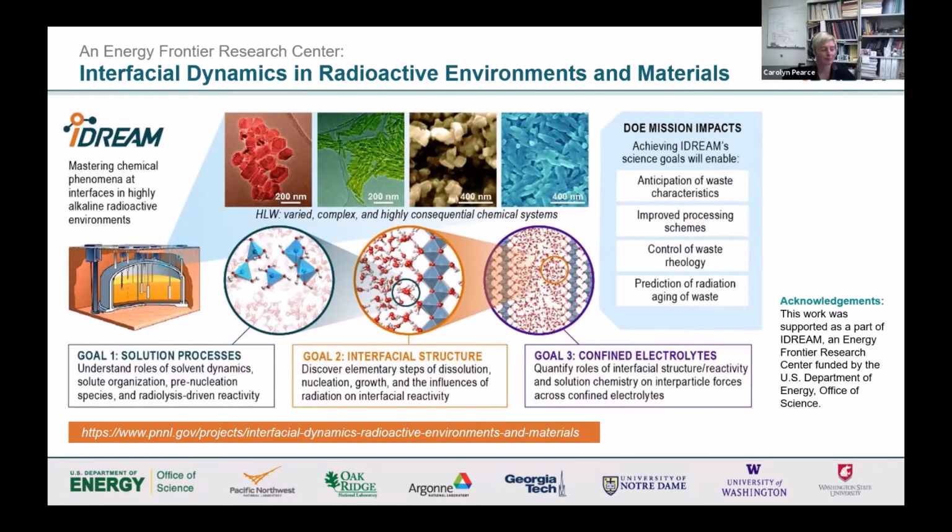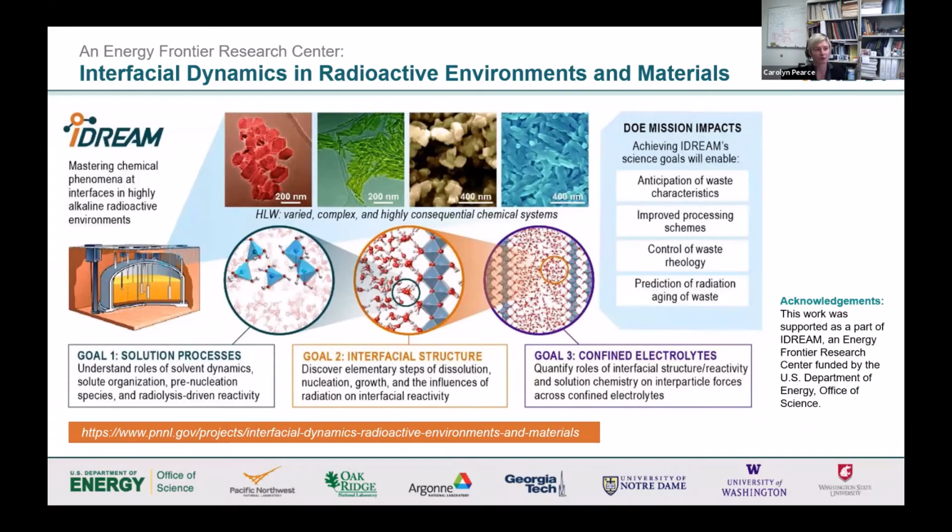So having set up the background for the waste and the chemical composition and some of the challenges associated with that, this was all covered in a basic research needs document for environmental management that was produced by the Department of Energy. And there they describe the seemingly intractable technical challenges arising from limited knowledge of chemical and physical behavior in extreme environments.